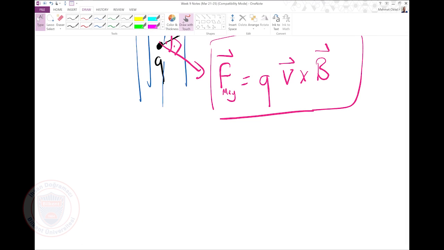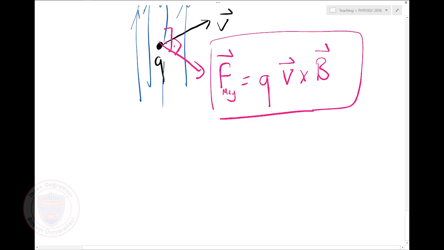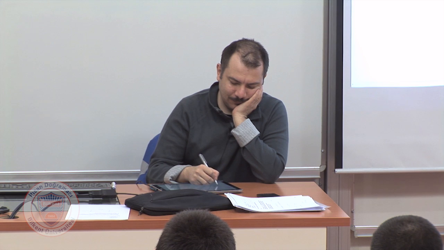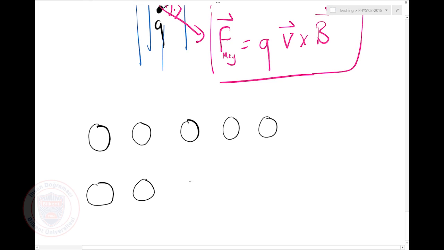What does that mean? Let's talk about it. Let's say that I have a uniform magnetic field, and I'm going to show it by these circles. And here's my notation.